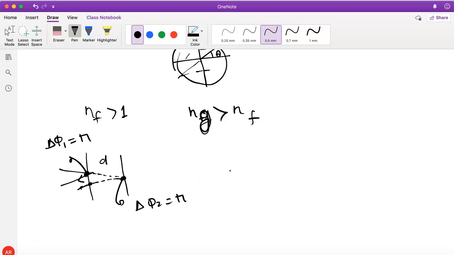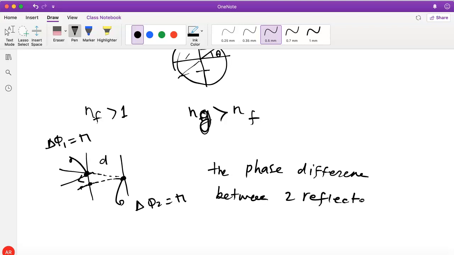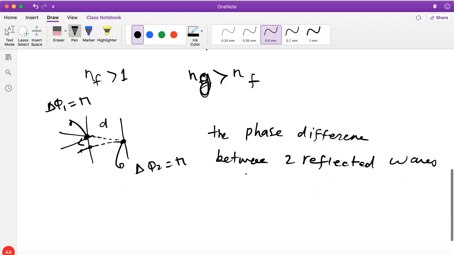So if I want to write the phase difference between two reflected waves, let's call this 2 and call this 1. So let's call this just the interface phase shift, right?